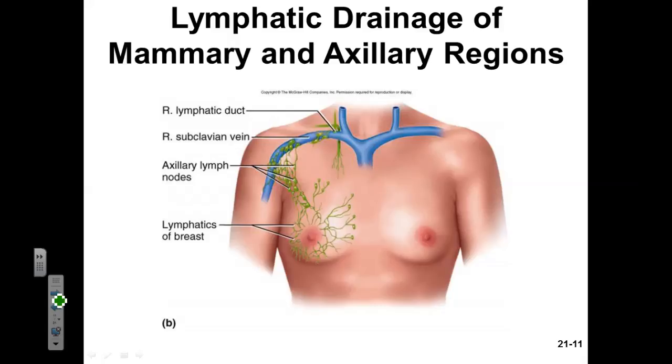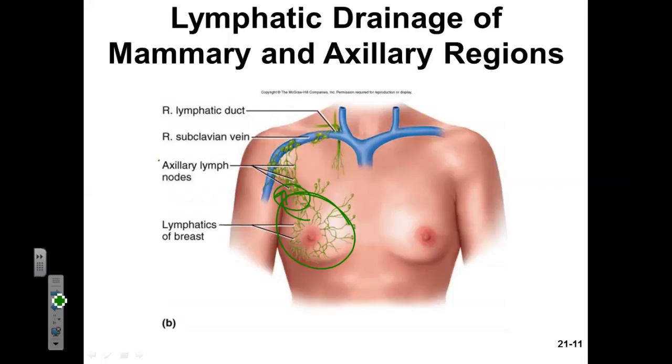Here's a figure emphasizing the heavy concentration of lymphatic tissue in the breast. And this is true for both male and female breasts. In the breast, there is a very high concentration of lymphatic vessels and lymphatic capillaries. These vessels are going to wrap around laterally and go into the axillary region.